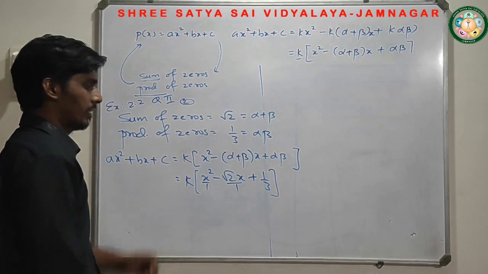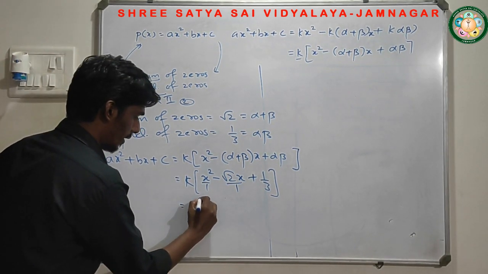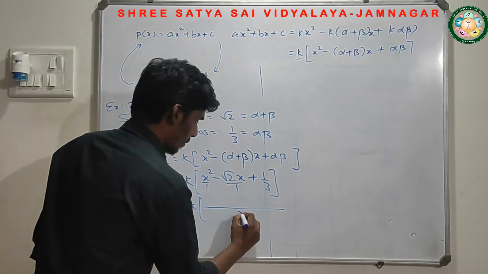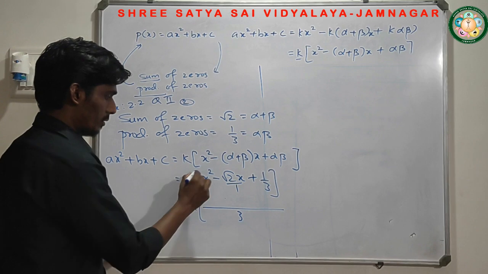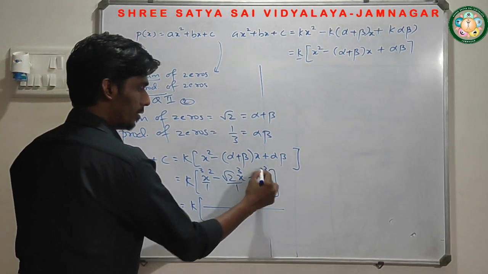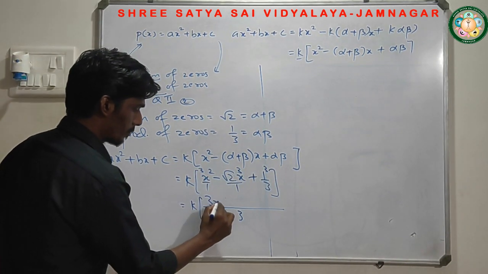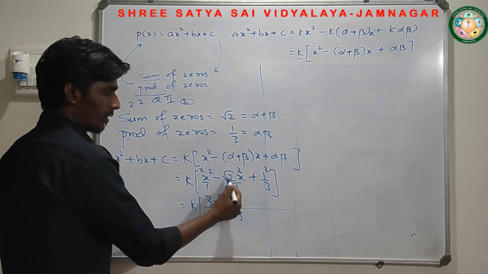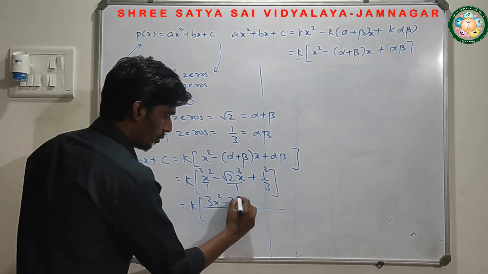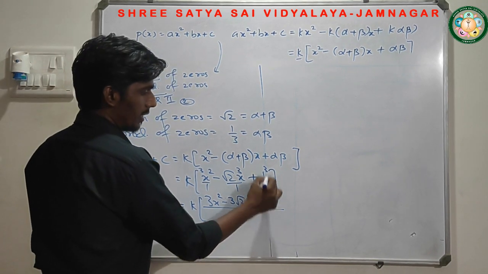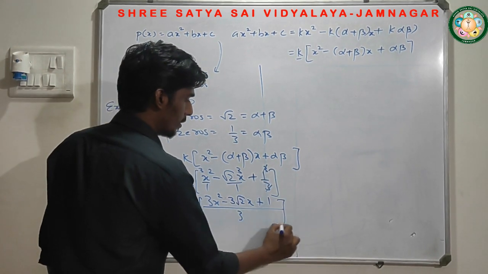What is the LCM here? It is 3. So k, 3 is the LCM, so 3 will multiply each and every fraction. 3 into x square, 3x square. 3 into root 2 is minus 3 root 2 x. 3 and 3 get cancelled, so only 1 here.